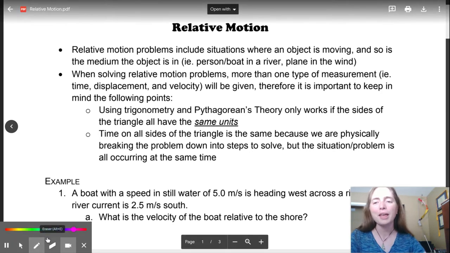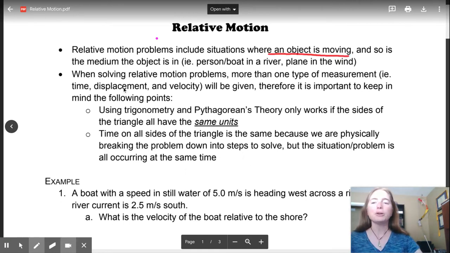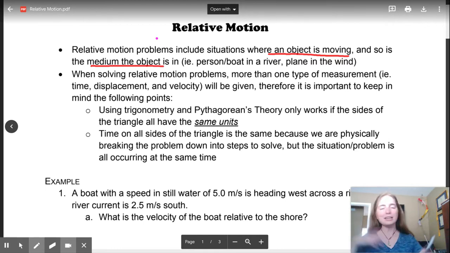It's where you have problems that involve scenarios where not only an object is moving, but so is the medium the object is in. Now, the medium is the stuff around you, right? So that would be the air or the water. Your examples are a person swimming across a river, which I don't really recommend unless you're a very, very good swimmer. But yeah, don't swim in fast rivers.